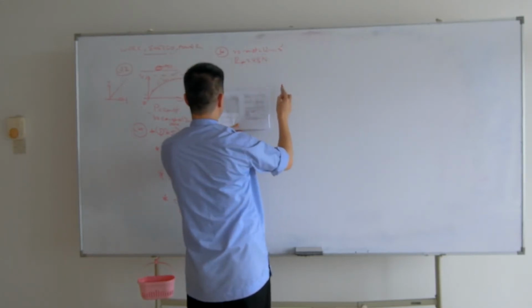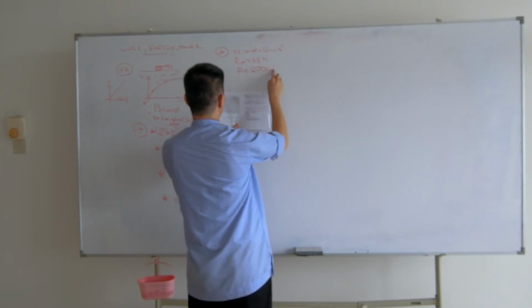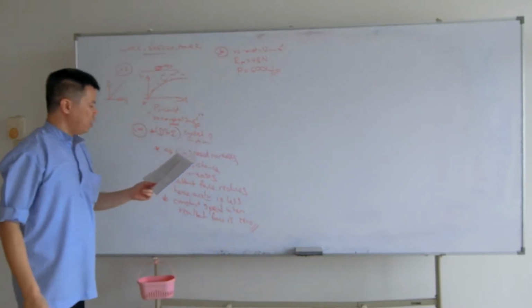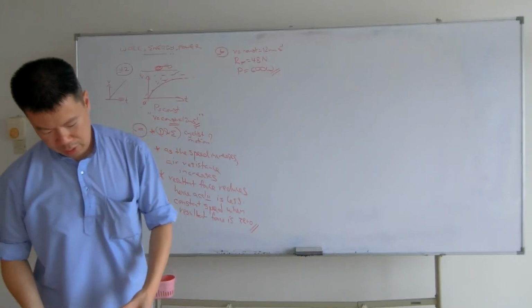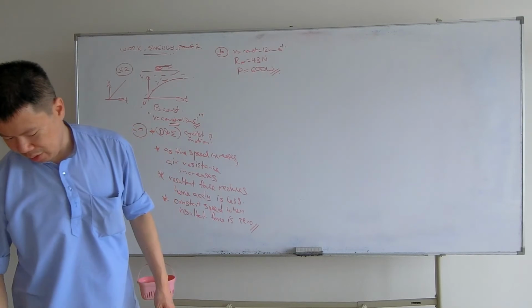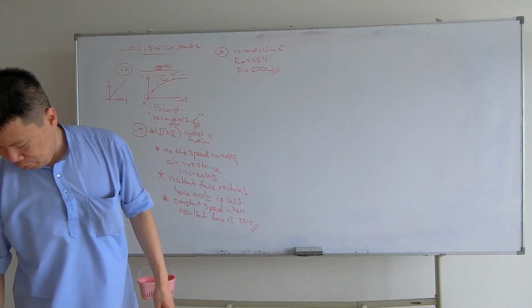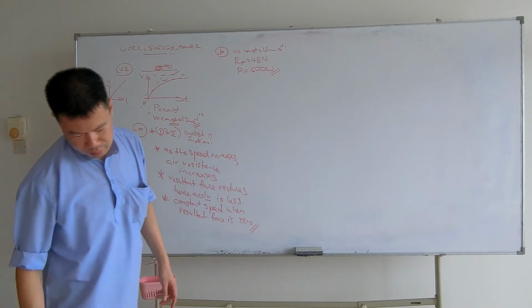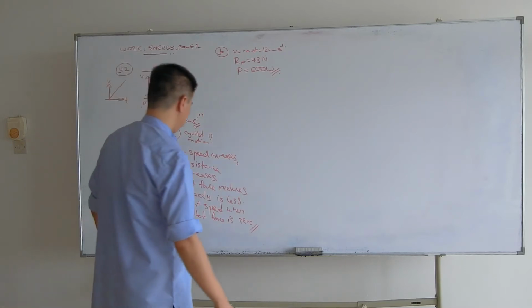Show that the power of the cyclist is about 600 watts. Explain your working.